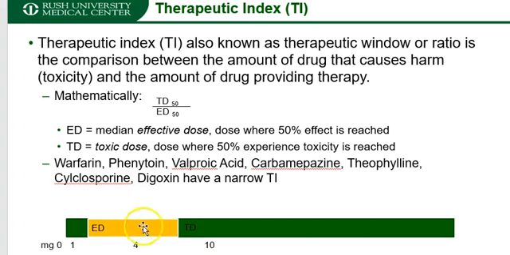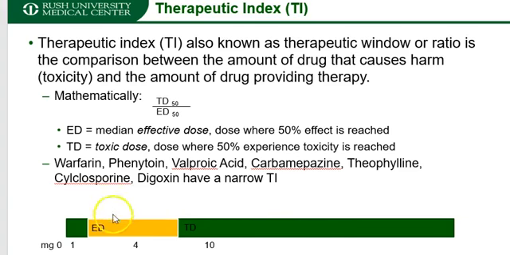All of your patients have to be in this yellow region. If they're in this green region, it's subtherapeutic, and there's very little clinical benefit to this drug because it's essentially not working. It's not enough drug. If they're in this other green portion, they're experiencing toxicity and they're getting too much drug.